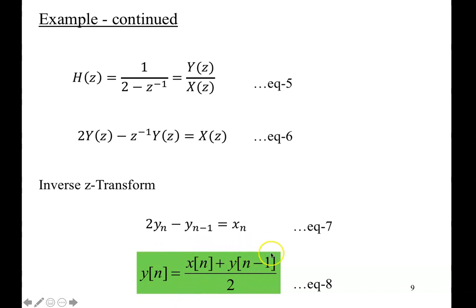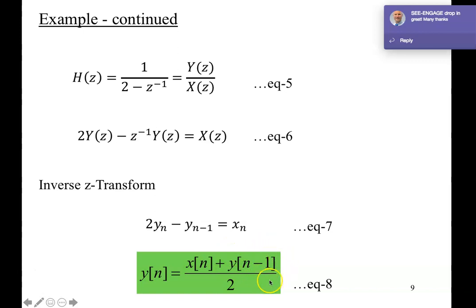You take the output from the previous interval, which you calculated last time. Add them and divide that by 2. That's the update for your current output. Okay, so the process is quite simple there.